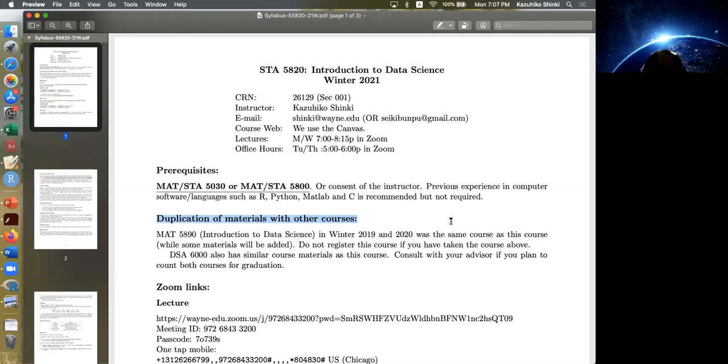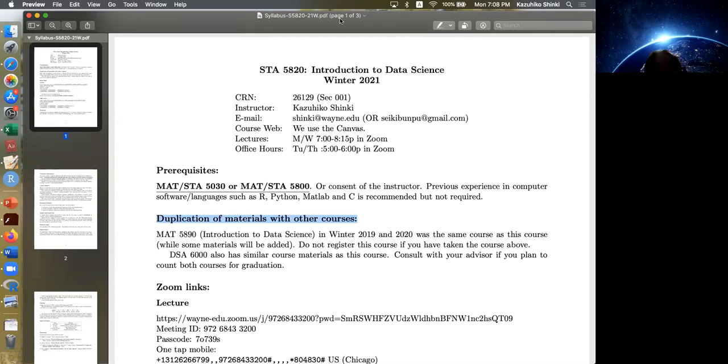Another note is this course basically replaces MATH 5890 Introduction to Data Science. If you have taken MATH 5890 Introduction to Data Science in previous years, please don't register for this course. I think no one has. If you have taken another section of 5890, that's totally fine. This is a topics course, so you can register for it.